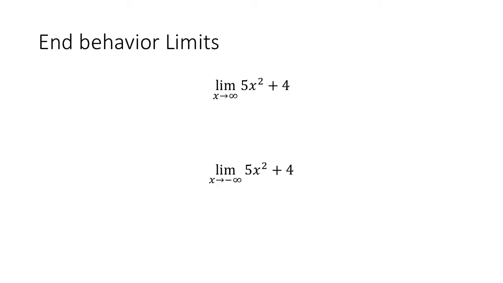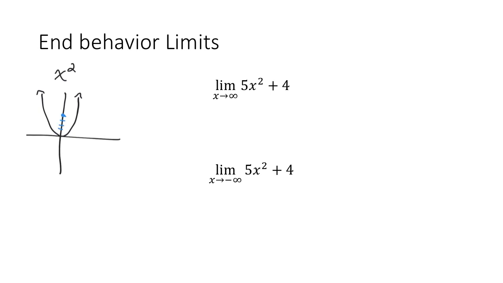So here I am finding the end behavior limit of this quadratic function 5x squared plus 4, and I'm approaching infinity and negative infinity. So it's really important to understand, well, what is the parent function and what has happened to that parent function? For all quadratics, I start with an up-shape U. Now this function has been vertically stretched and shifted up 4 units.